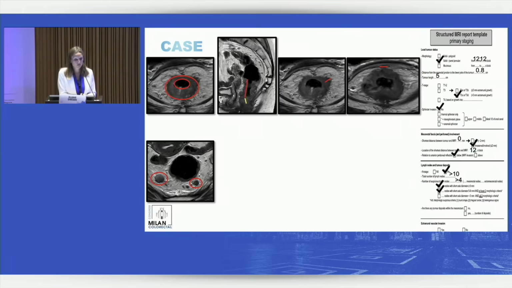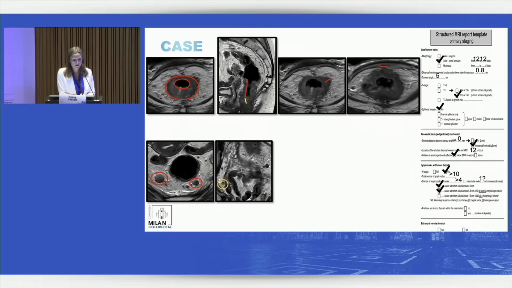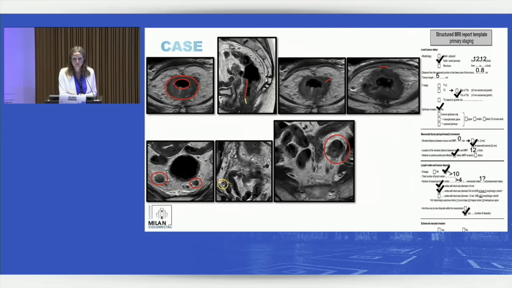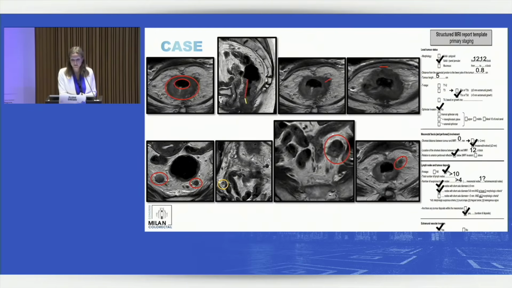Then we have a lot of lymph nodes which are typically malignant. And at the lateral sides, I'm not really sure, there was a lymph node with a short axis of 6 millimeters. It is a little bit round and heterogeneous, so maybe this can be a positive lateral lymph node. And this is a very large tumor deposit, also located at the MRF, as shown in an earlier example.